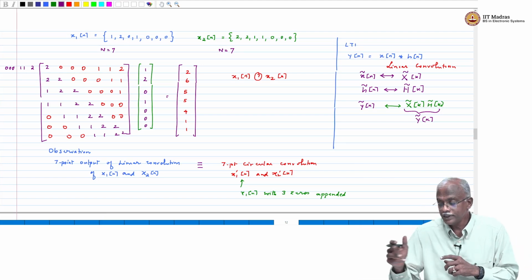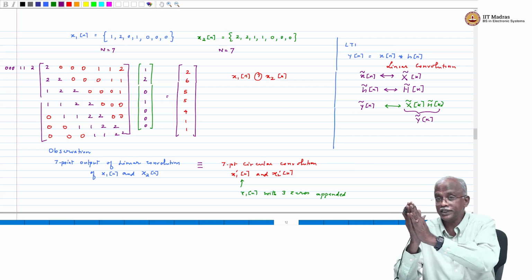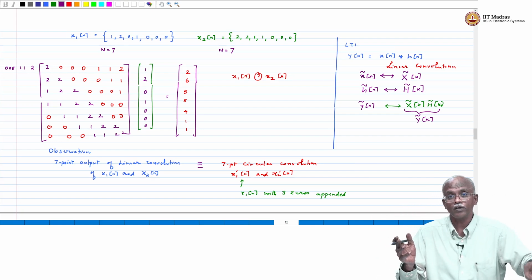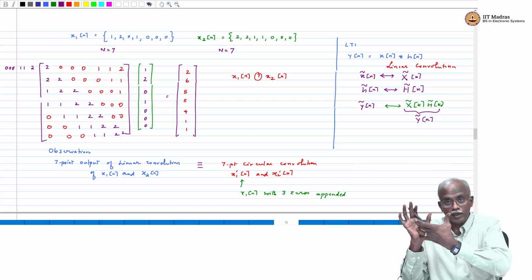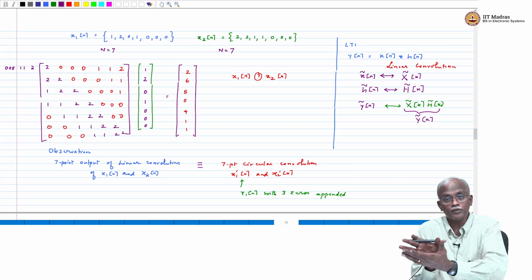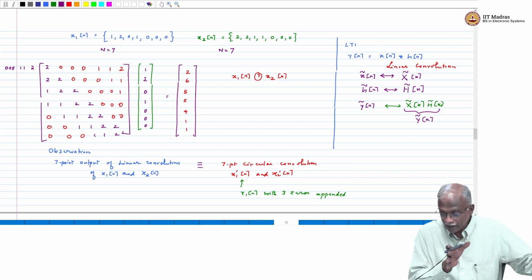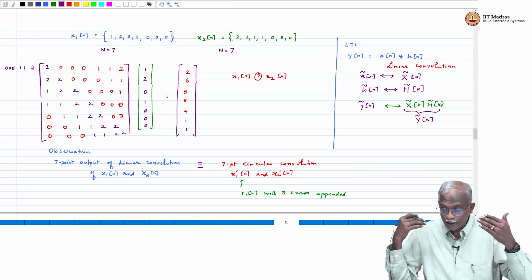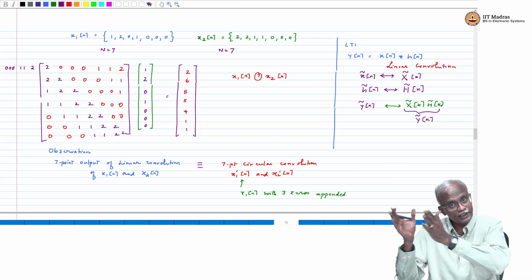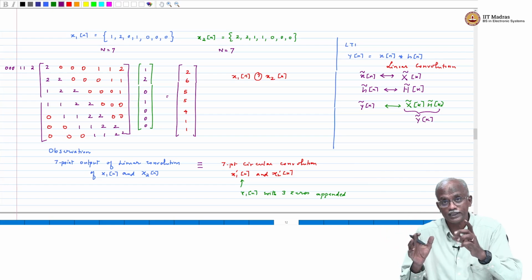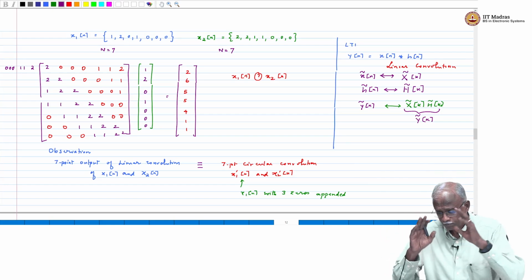Now the only problem is when you multiply the two DFS coefficients, what you get is circular convolution or periodic convolution. So if you are able to pad a sufficient number of zeros, then what we get is the linear convolution. So we can use the discrete Fourier series representation or the discrete Fourier transform representation for linear convolution, because that is what we are interested in.